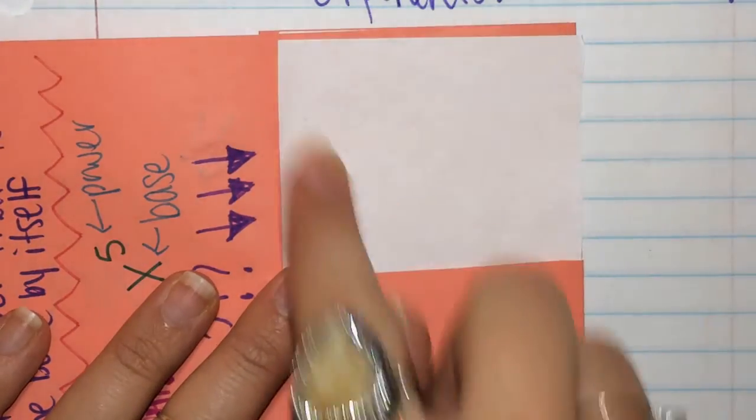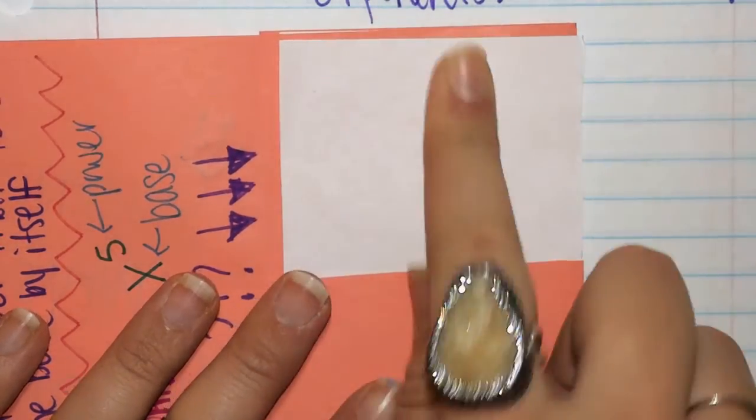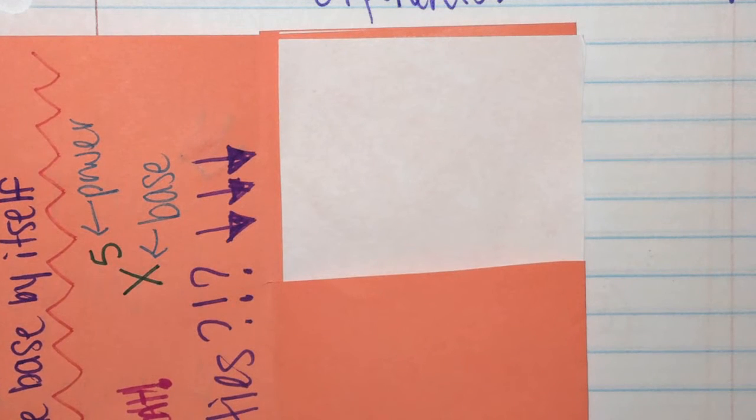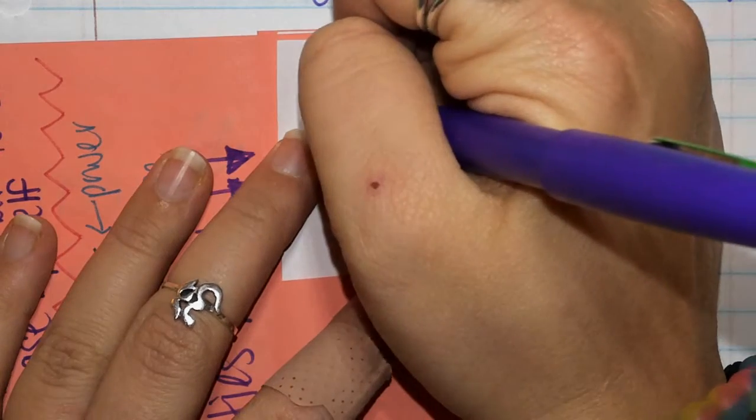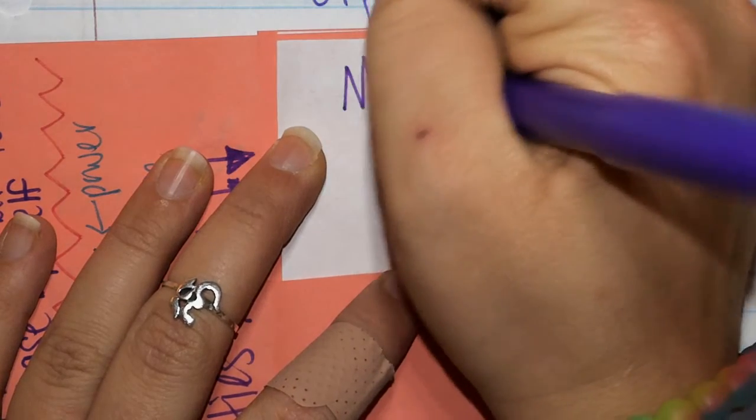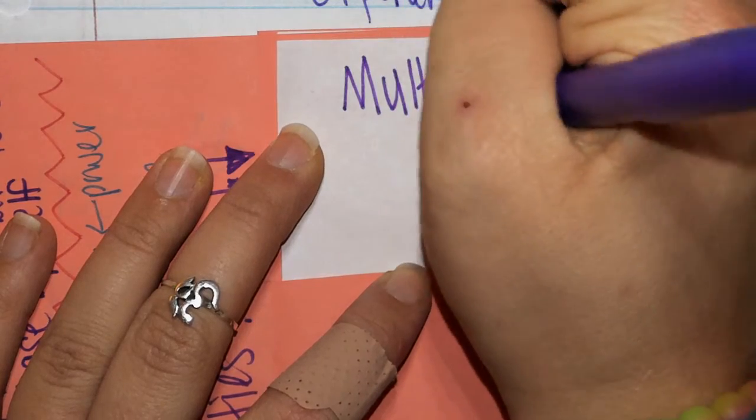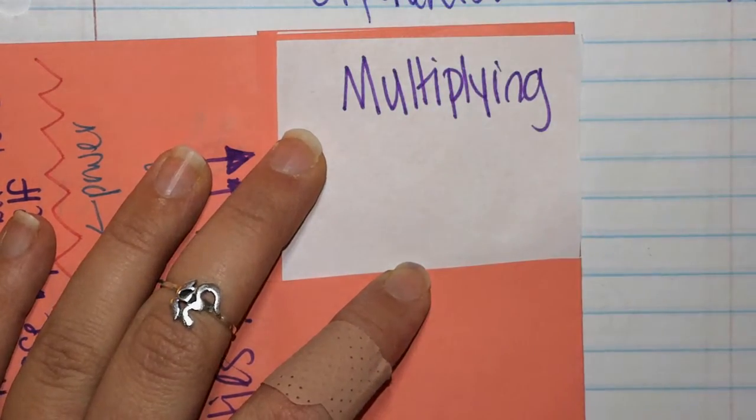Okay, so in this little space right here, your first space, whether it's white or color, however you did your weave, we are going to write multiplying like bases. Like that big.